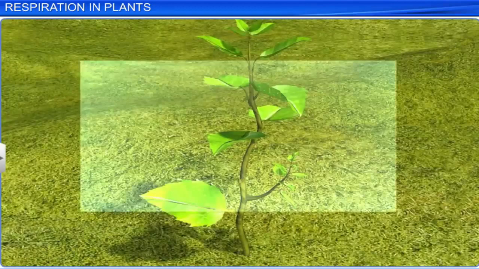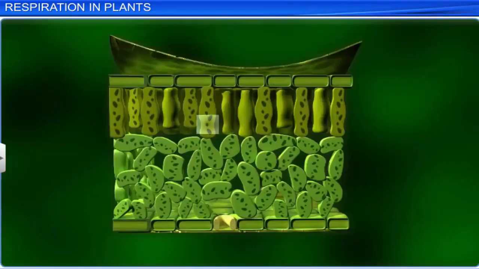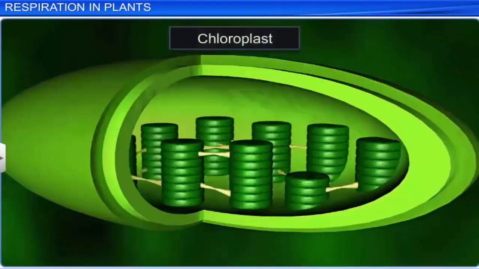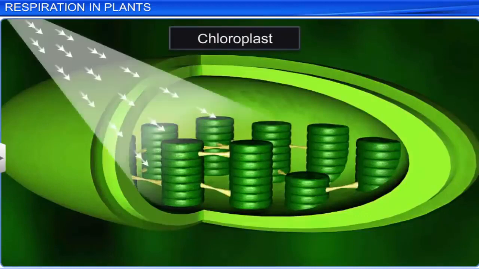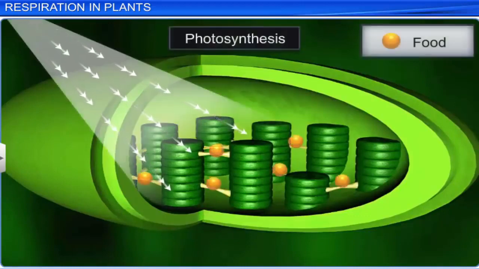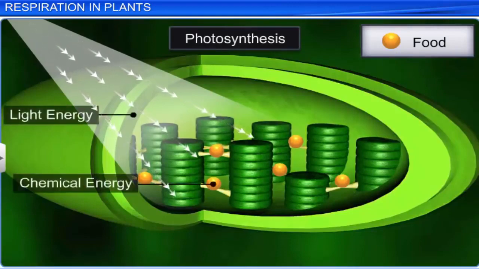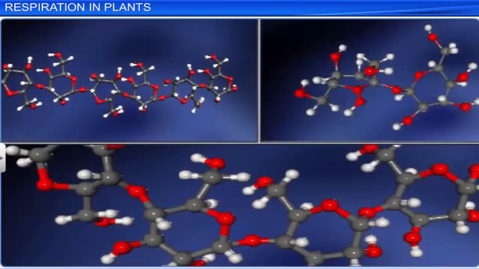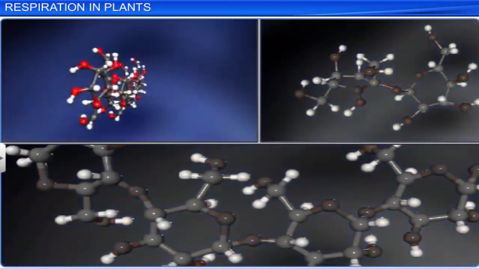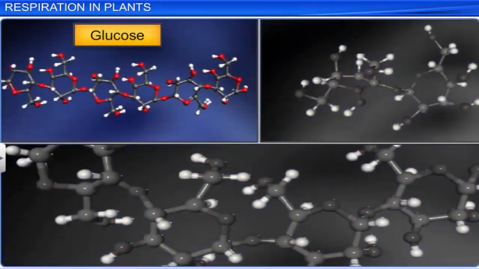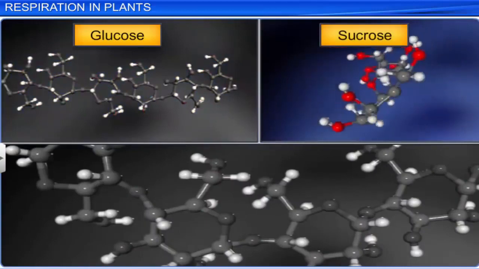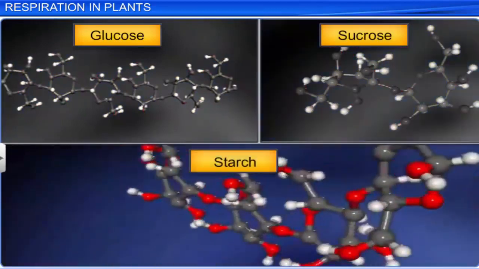The superficial layers of plants contain cells that possess chloroplast, which aids in trapping sunlight to manufacture food. In this process, light energy is converted into chemical energy and stored in the bonds of carbohydrates like glucose, sucrose, and starch.